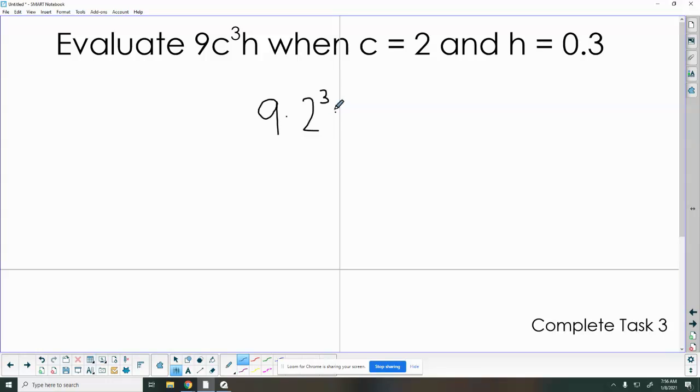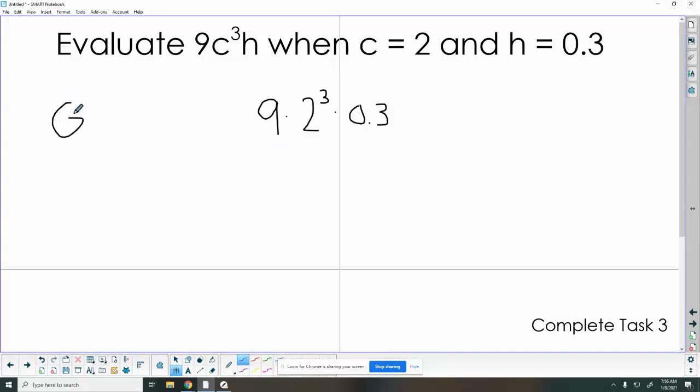And then we're going to times that by H, which is 0.3. So it's not 9 2 cubed 0.3. It's 9 times 2 cubed times 3/10. We have to put those times signs in there when we're replacing the variable with the exponent, or with the number that it tells us.